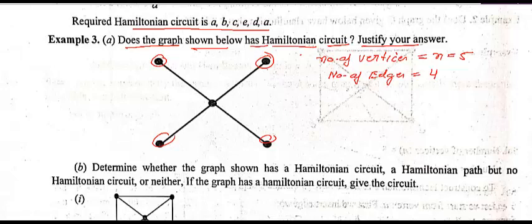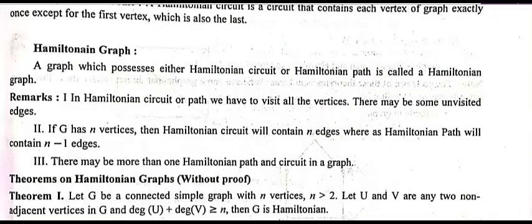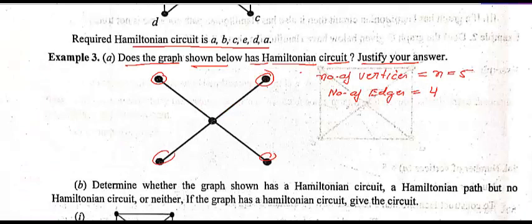Okay, and we know that we have a theorem. I have already discussed the result in theorem number 2. You know that if G has n vertices, then a Hamiltonian circuit will contain n edges, whereas a Hamiltonian path will contain n minus 1 edges. Okay, so if you see this example here, n is equal to 5 and the number of edges is n minus 1, that is 5 minus 1.